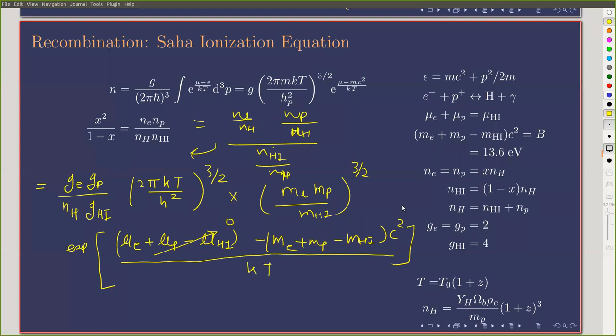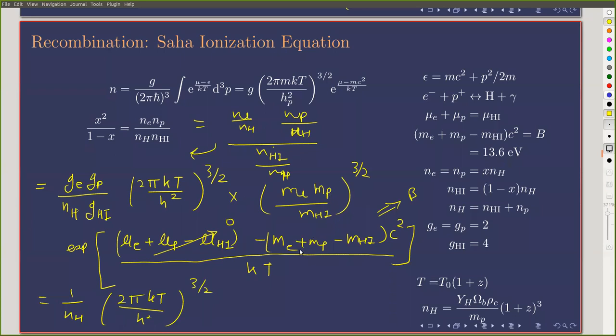And this one is equal to basically this binding energy. This thing, by the way, cancels out because this is 2 into 2 by 4, so this whole factor is 1. So we can write that as 1 by the total hydrogen number density, and 2 pi kT to the 3 by 2.